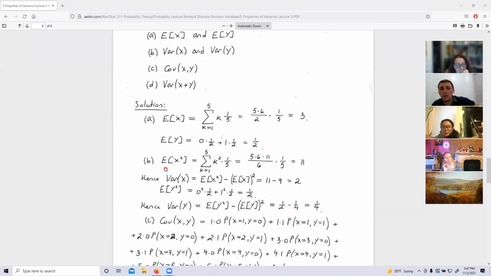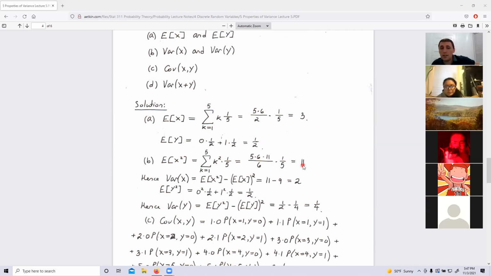For that, I need to calculate the expected value of x squared. I sum up k squared times 1/5, and I get the number 11. And the same for variance of y. Variance of y is the expected value of y squared minus the square of expected value of y.